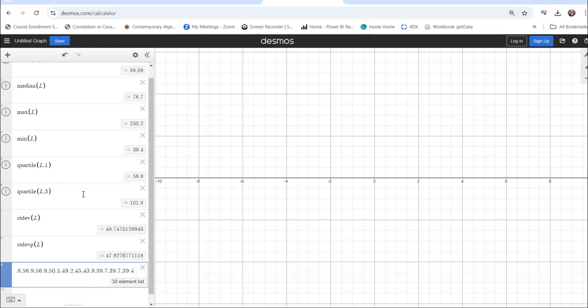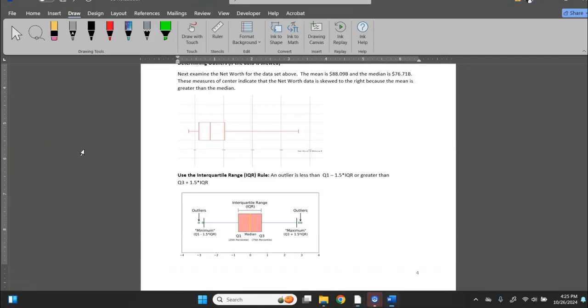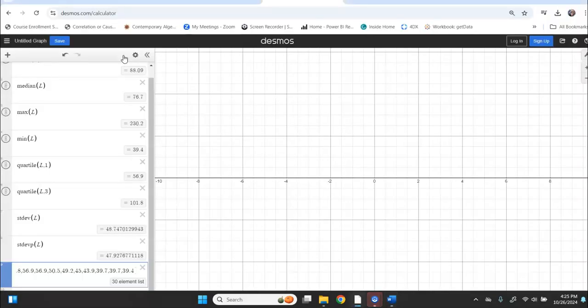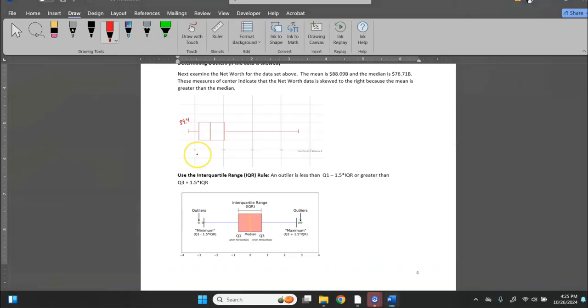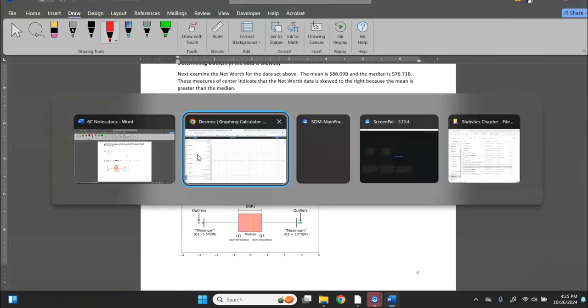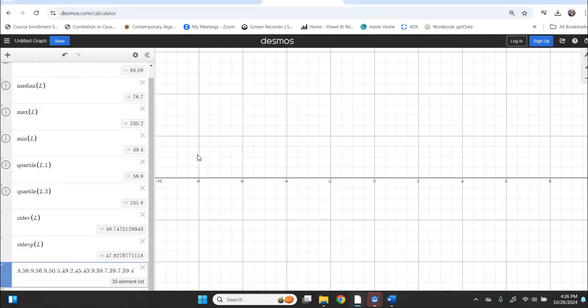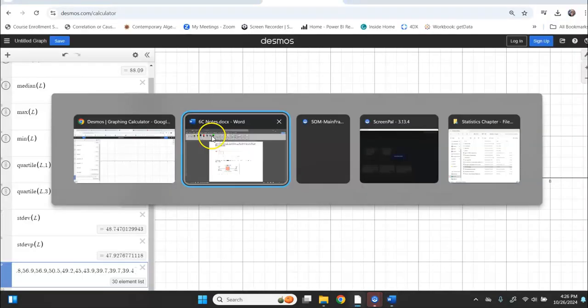So I'm going to go back and I'm going to label our box plot that we have. So our minimum is 39.4. Our first quartile is 56.9. Our median is 76.7.